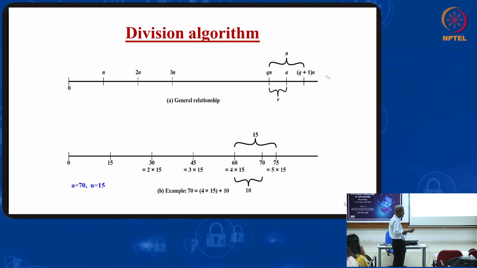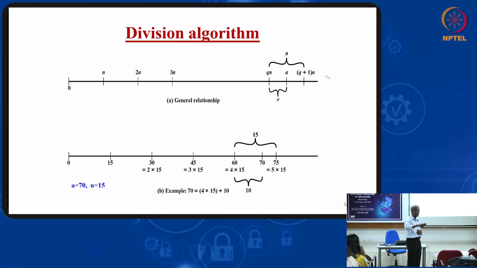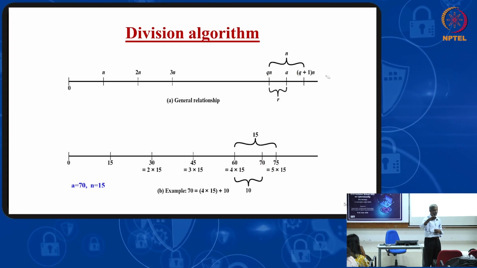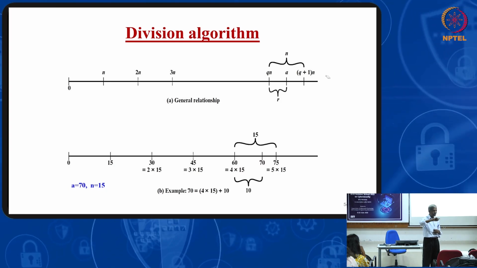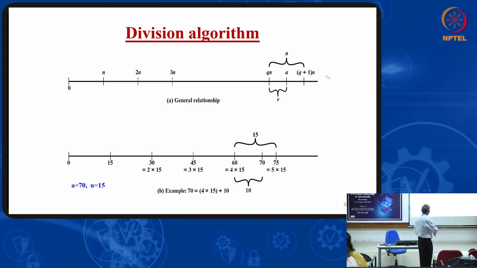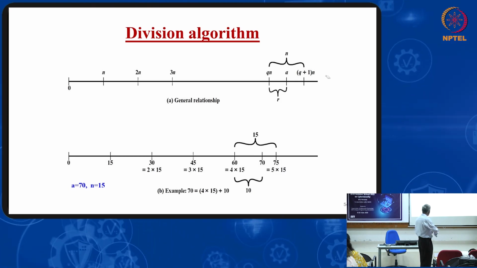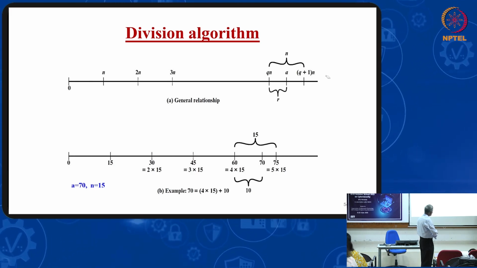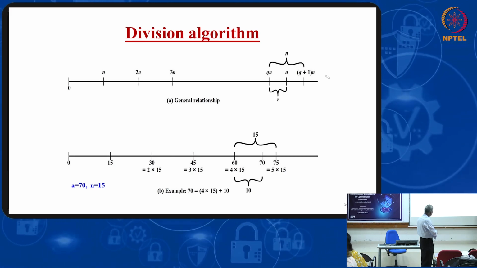For example, dividing 11 with 3: how many times will it go? 3 times. After that, what is remaining is 2. So 3 times will come up to this place; 4th time it will not go. So the remainder comes in between, after the 3rd time plus something.